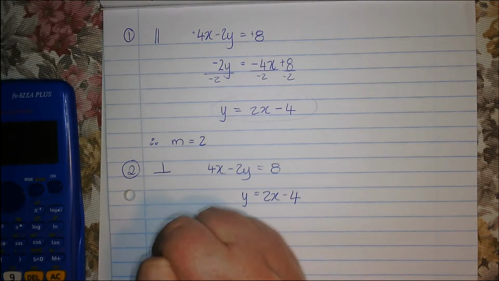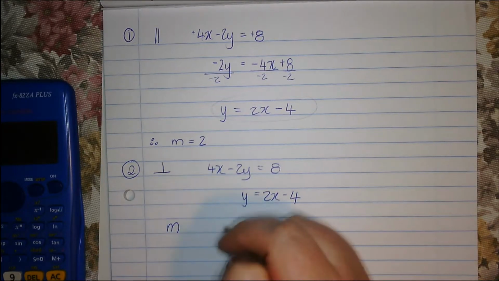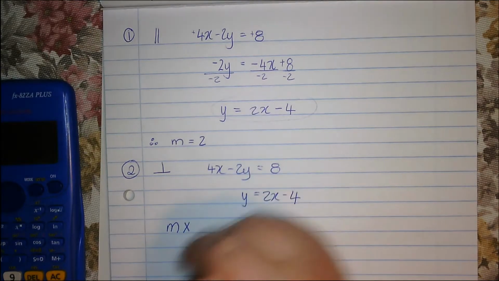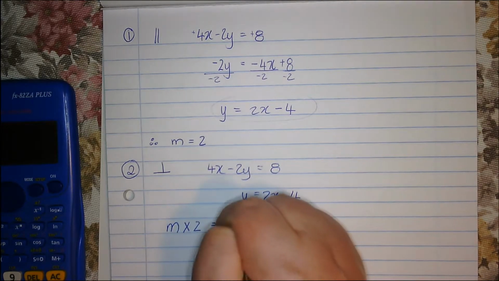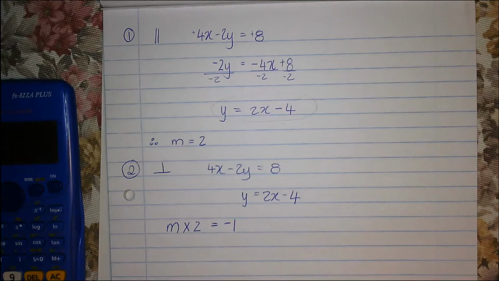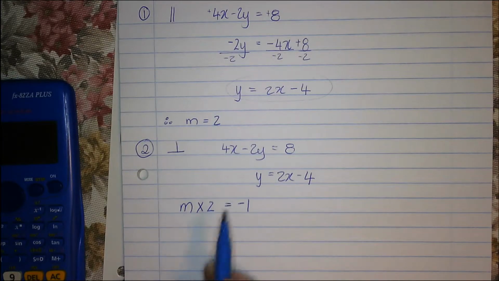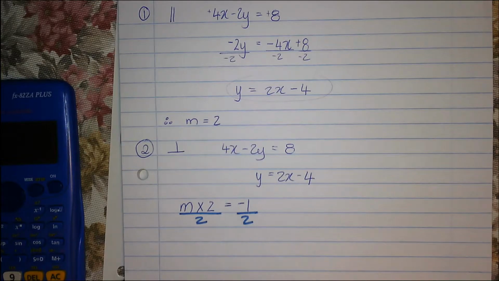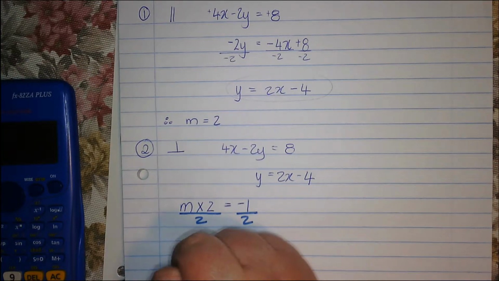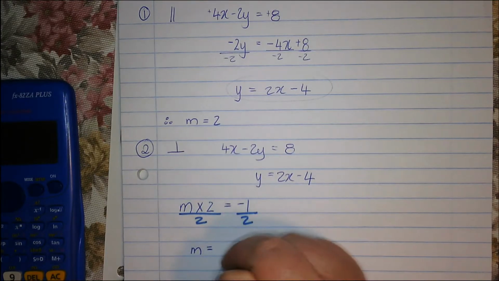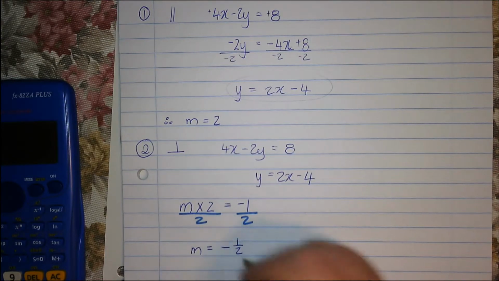So the gradient of the line that we're looking for multiplied by this gradient must give me -1, because they are perpendicular to each other. To get rid of multiply by 2, you divide by 2, but what you do on one side, you must do to the other, and that's going to leave me with the gradient of this line equal to -1/2.